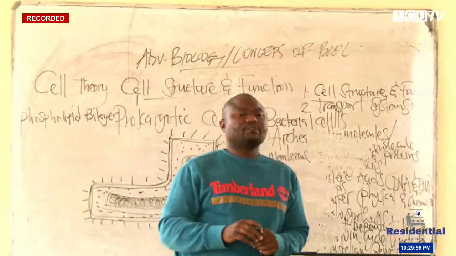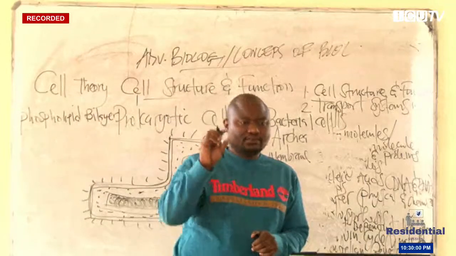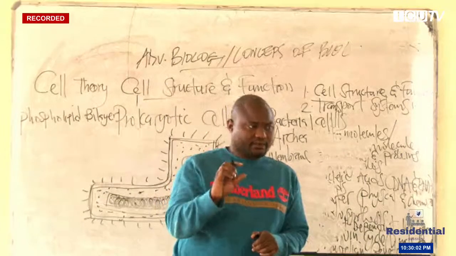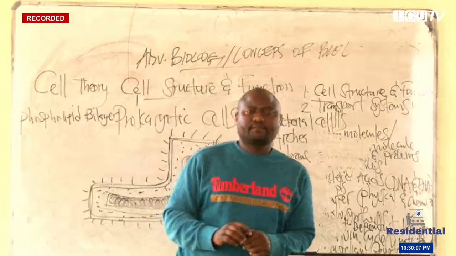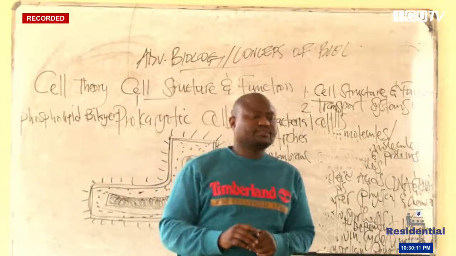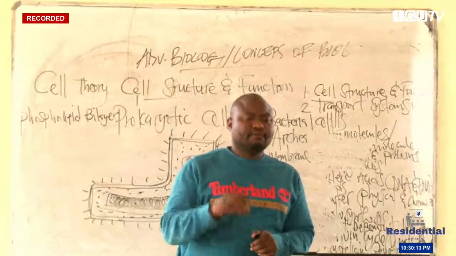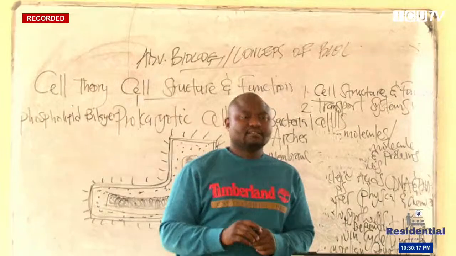I'm saying a phospholipid bilayer. By the way, bi means two, so meaning it has a double layer. So it is a lipid molecule. A phospholipid bilayer is a lipid molecule that consists of, number one, two fatty acid chains.